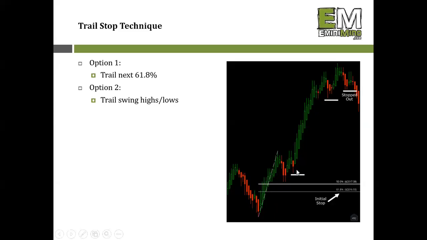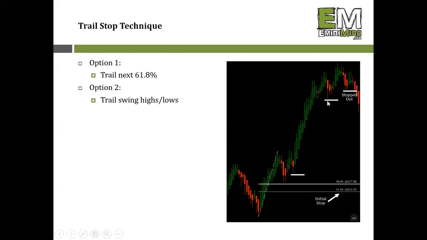And if things do get ripping really fast, like this one, you've got all of these green candles back to back in a row. If you were going to trail the swings, you would just put your stop underneath this little one candle pullback, then you rally, and then don't really need to do anything. If we have an inside candle, I just leave it alone.